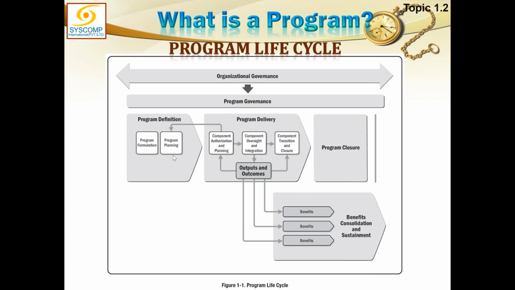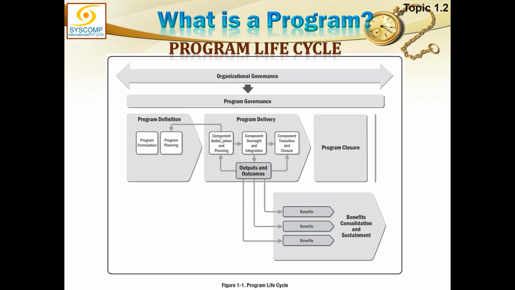Naturally, we will talk about the benefit management plan and other things also, but the program management plan actually describes how the program delivery will happen. Then, according to that program management plan, the components are authorized and planned over time as and when a specific project or sub-program or other work has to be started.